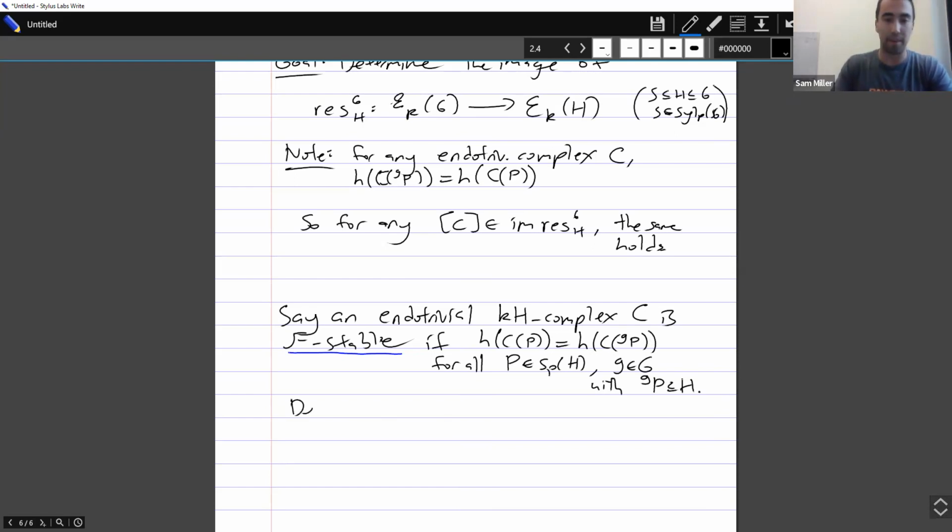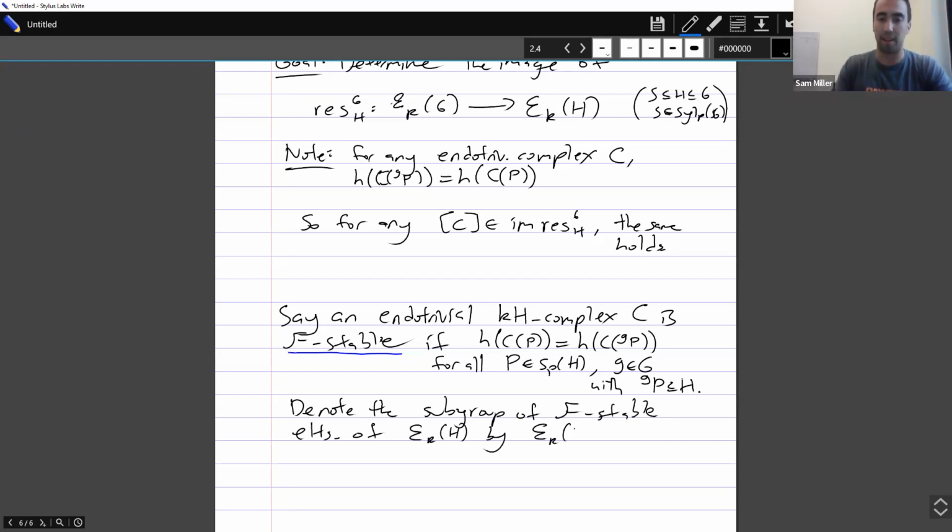And so we denote the subgroup of F stable elements of EKH by EKH superscript F.